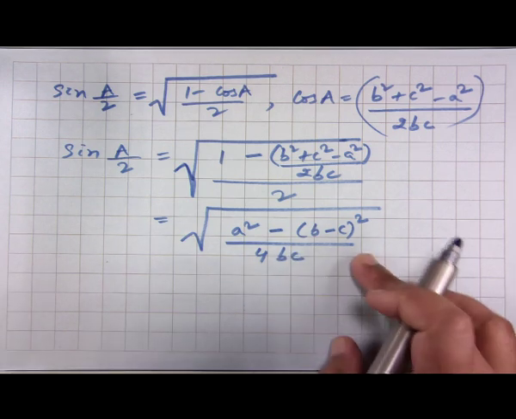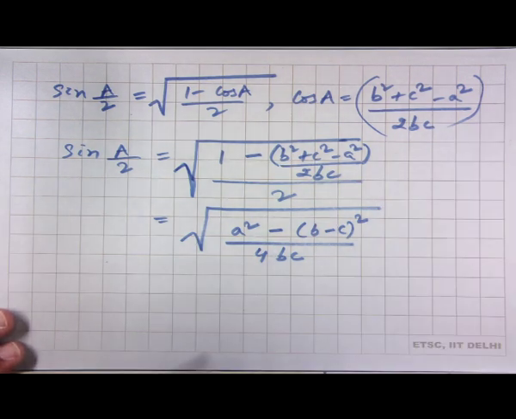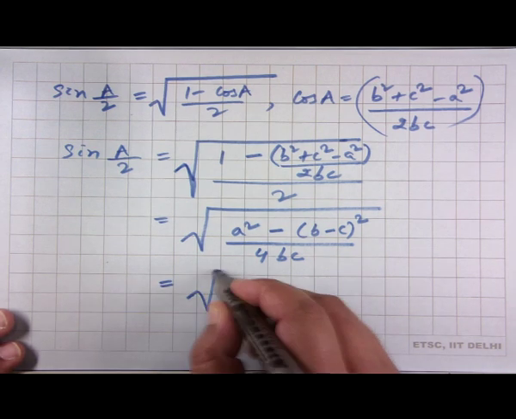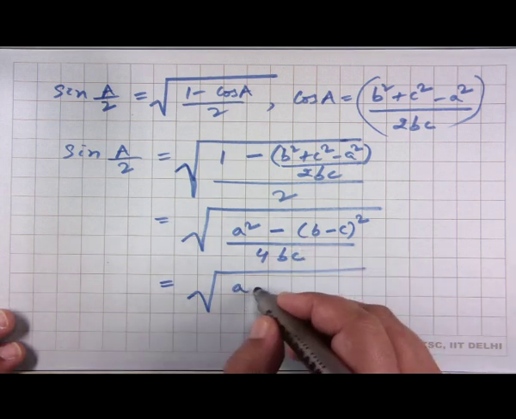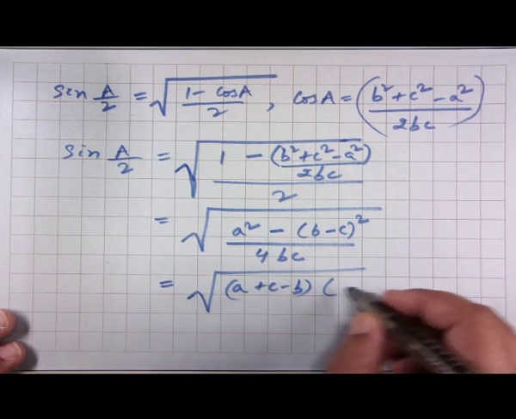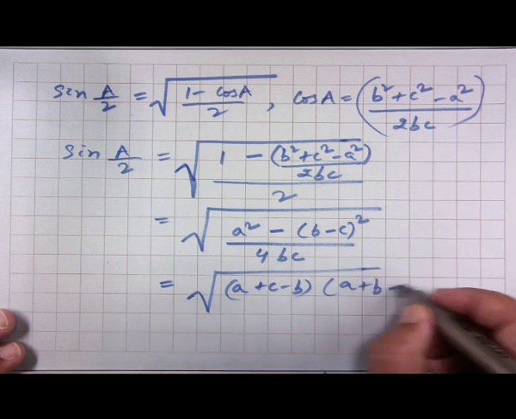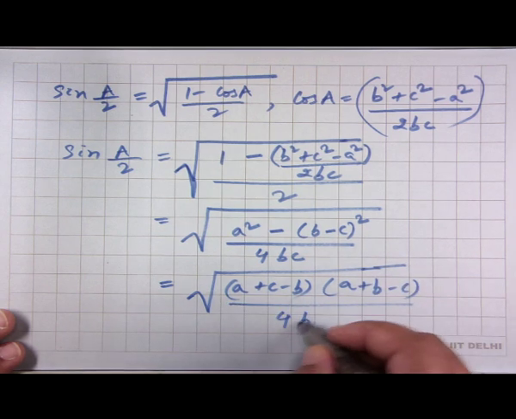With a little bit of algebraic manipulation, it is easy to get this from here, and the numerator can be written as (a plus c minus b) into (a plus b minus c) over 4bc.